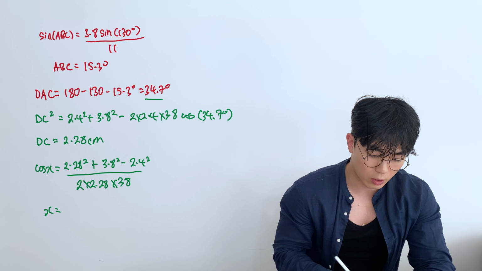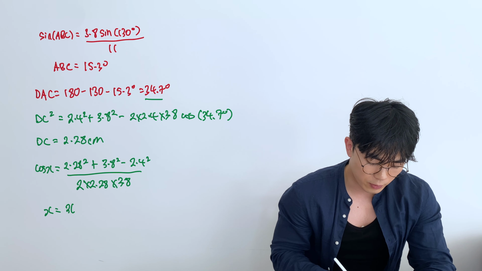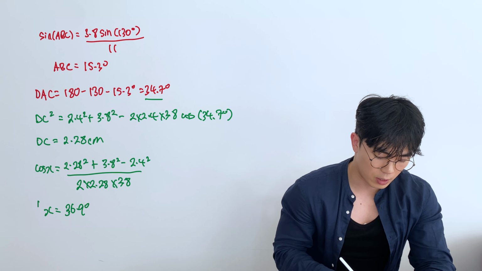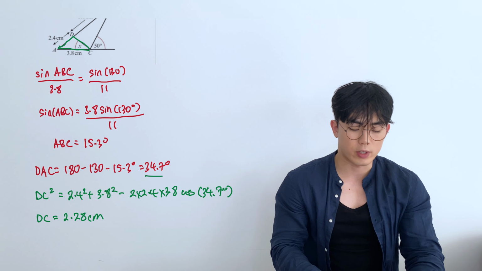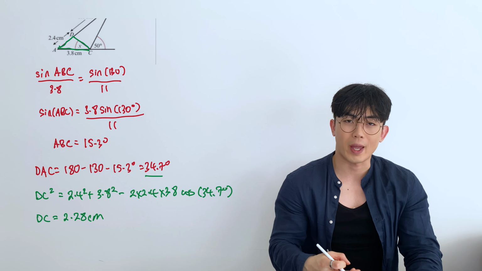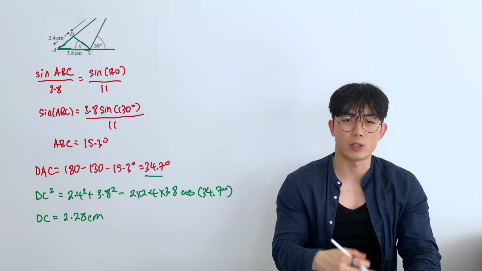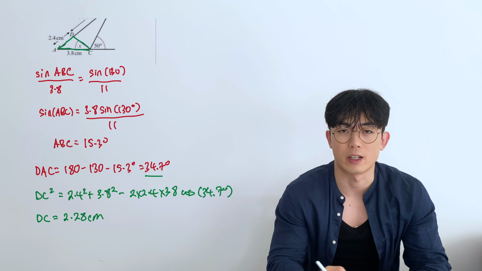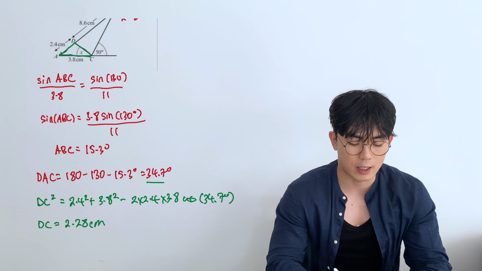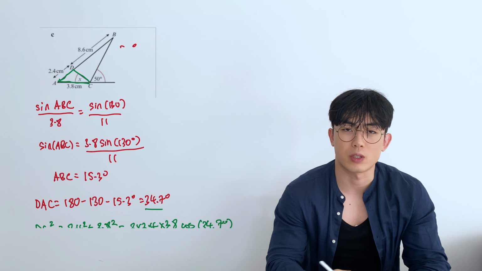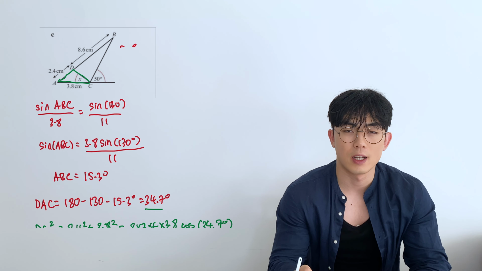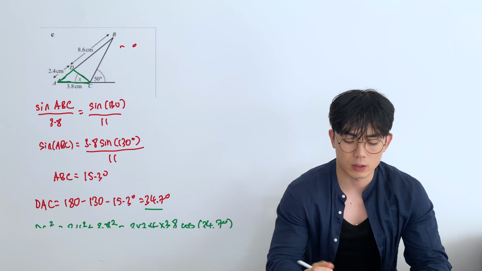And if you work this out, x turns out to be 36.9 degrees. So you can see that we've used a number of different rules in various ways, step by step, so we know some lengths in order to find other lengths and other angles. It's your job to identify which angles or lengths we need to find in order to get the final answer, and therefore which rules we need to use.